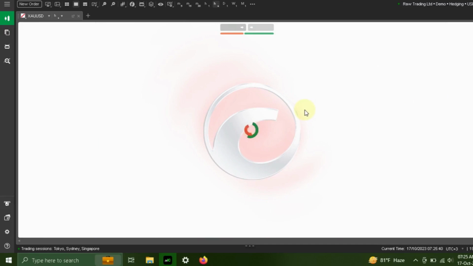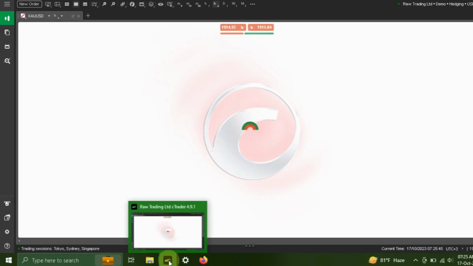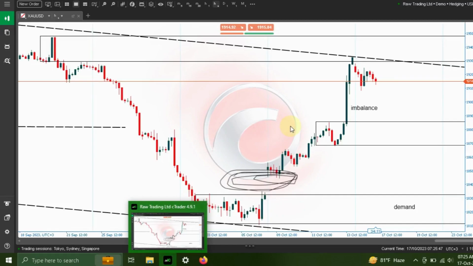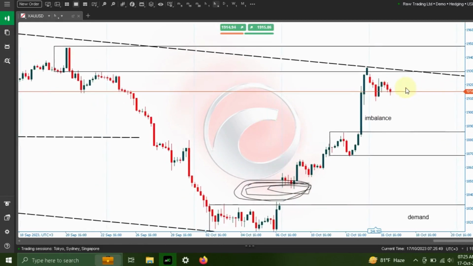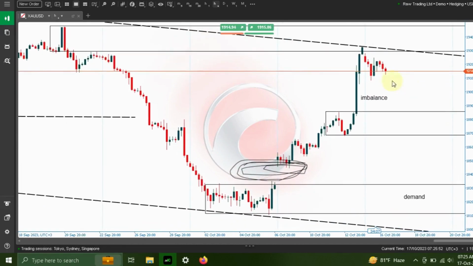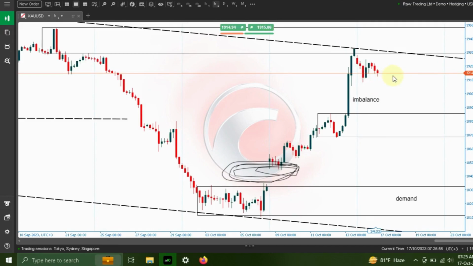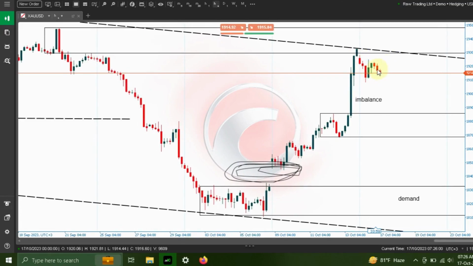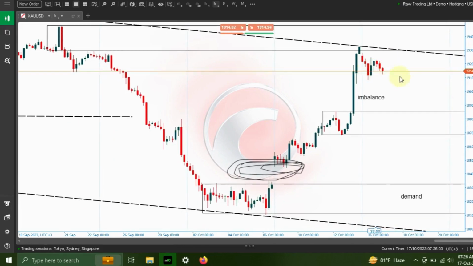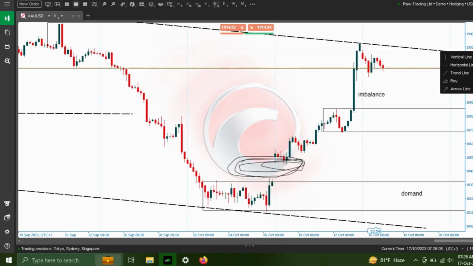So having imbalance here on a 4-hour time frame and a point of interest here, which is another block, we are going to analyze gold and see if at this supply zone we are going to take our sales. First of all, you can see it somehow consolidating with some candles, so it has not yet started down, it has not yet given us a proper confirmation of the way.